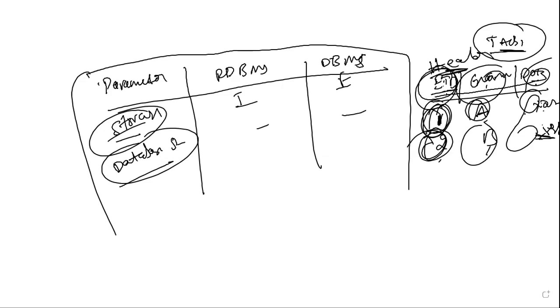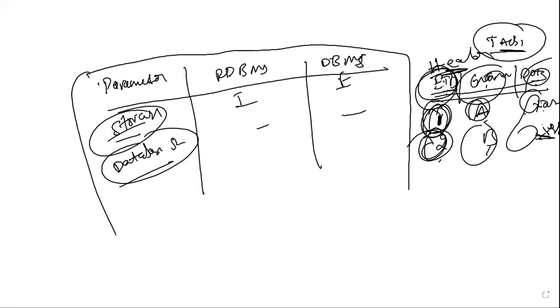Let me spell that out: C-O-N-C-U, double R, E-N-C-Y. Concurrency. Does anybody know what concurrency means?